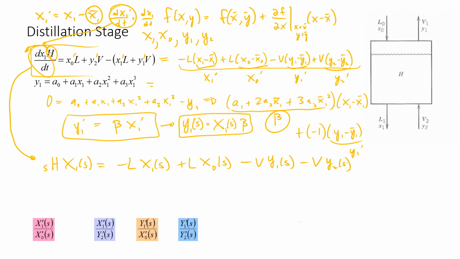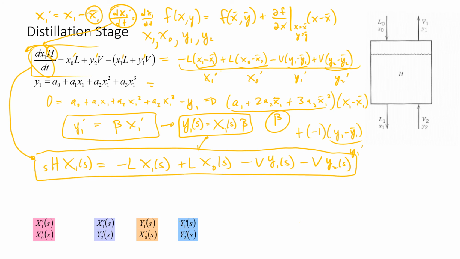Wow, this is a kind of a big equation, but I'm going to use this one right here, and also the one that I computed from the other one, to get all of these transfer functions. Let's do the first one, which is x1 to x naught. I want all of the independent ones to be 0, but I know that y1 is also dependent on x1, so let me substitute that one in for y1.